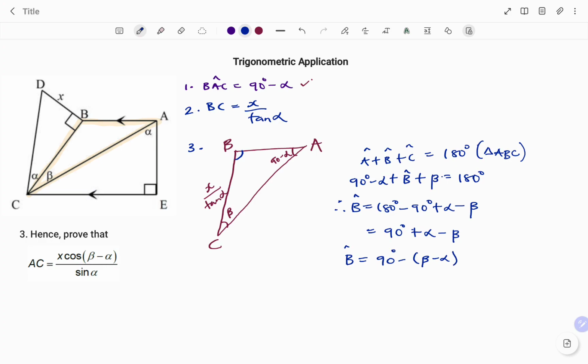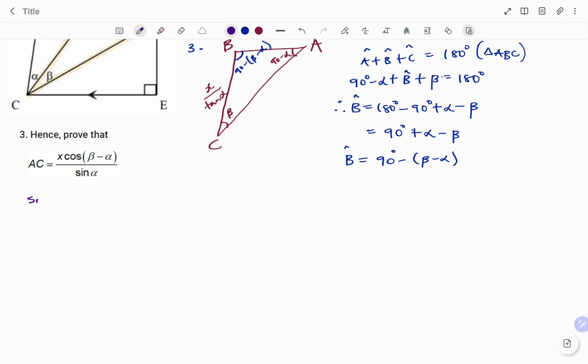So using the sine rule, which states that a over sine A equals b over sine B, which is equal to c over sine C. In this case, I'm going to start with the line I'm looking for, which is AC.